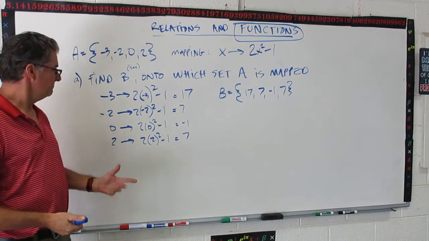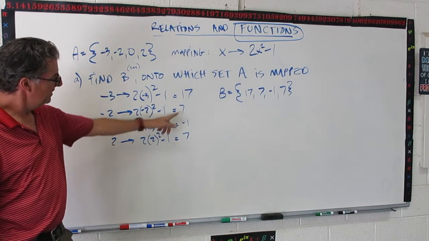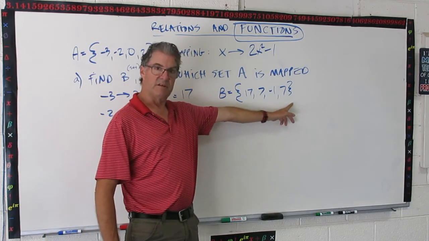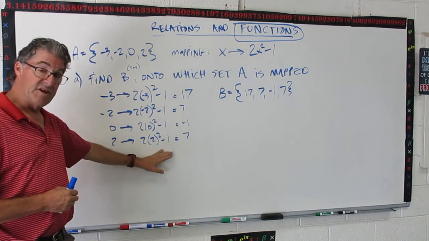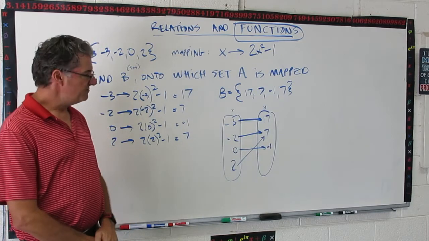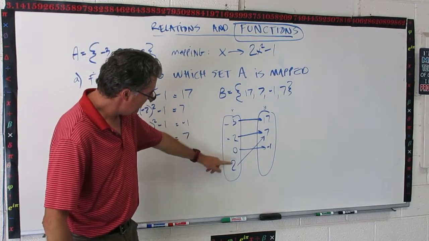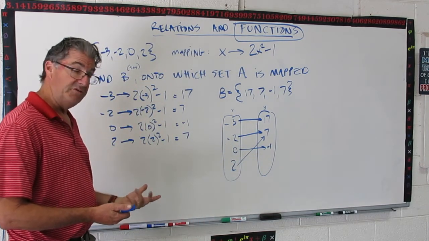Okay, let's see how you did. Here's my notation for doing the mappings. Here are my results, and I went ahead and filled them in the set B. So if you're struggling with this, maybe pause the video, work that again, make sure that you can get these results. Okay, so here's my mapping diagram, showing with my arrows which each of the set A elements maps onto in the set B. So this should be pretty familiar with you now.